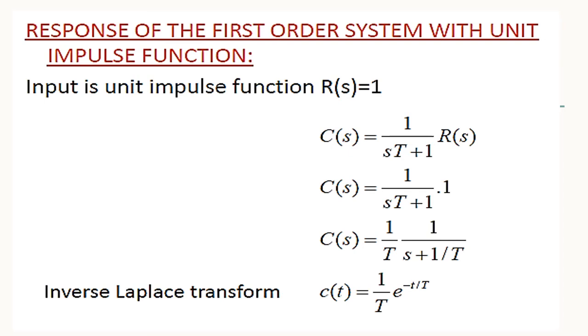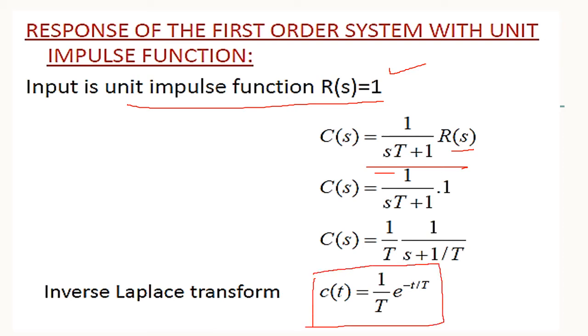Now the response of the first order system with unit impulse function. The input is the unit impulse function, so r of s is equal to 1. Again we are considering the same first order system, and for that we are adding an input r of s, which is 1. So the final equation we get is c of t equals 1 by T e power minus t divided by capital T. If I apply the Laplace transform, I get the value in exponential terms.